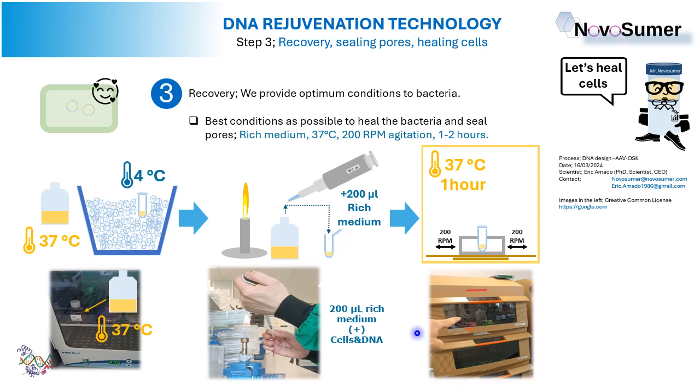These chambers provide a steady temperature of 37 Celsius degrees and also provide agitation. Let's see this picture here. It represents this chamber. Inside these chambers, there is a motor in the base that agitates whatever is inside. And we set the chamber for 200 RPMs.